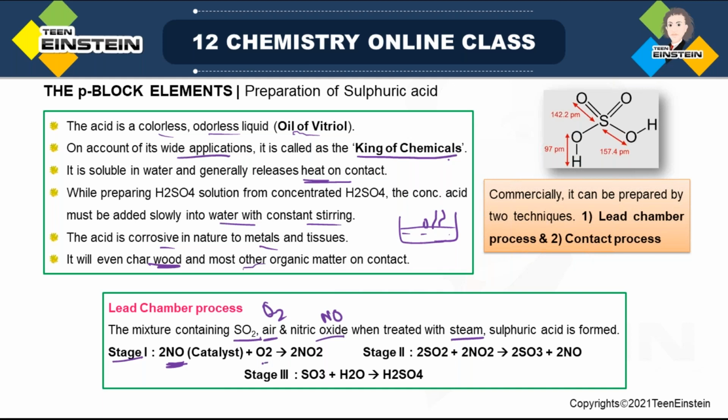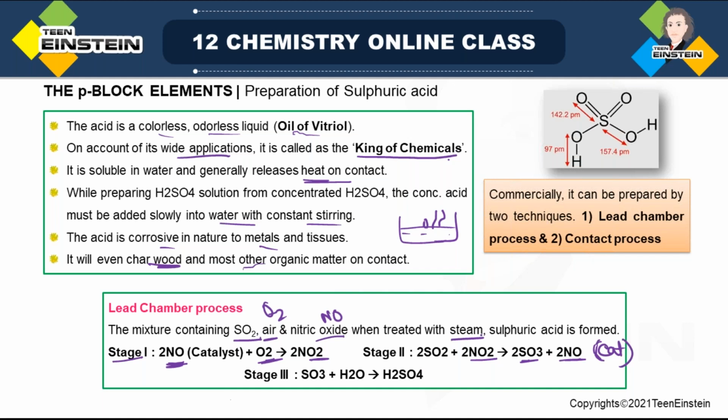First it is oxidized in the presence of oxygen to NO2. In the second stage, sulfur dioxide reacts with this NO2 which is formed in the first step, and it produces SO3 and NO. See here the catalyst is regenerated, because that is the feature of a catalyst, right? And this SO3 finally reacts with water and forms H2SO4.